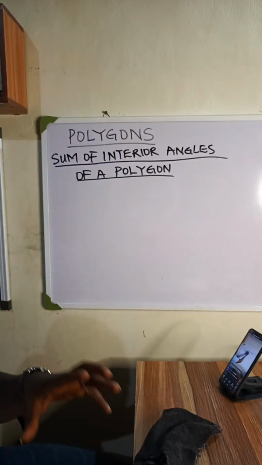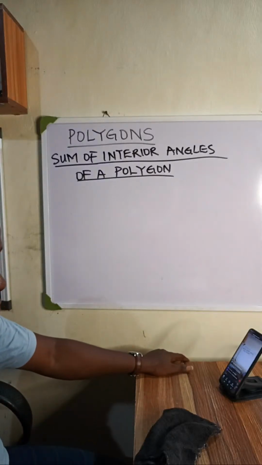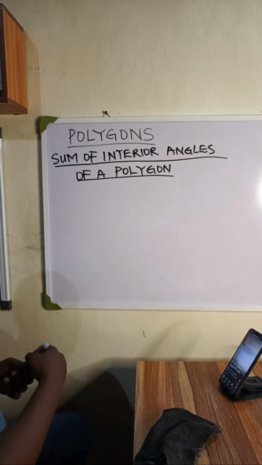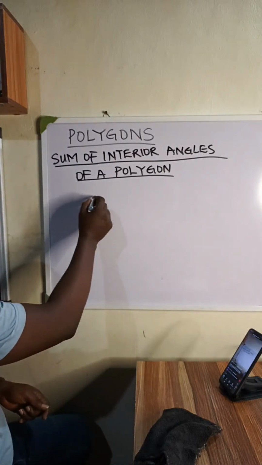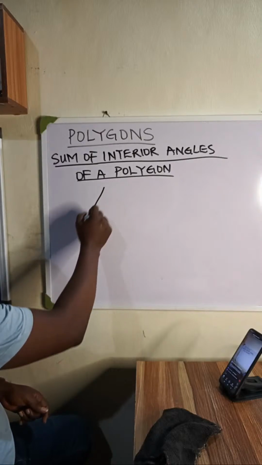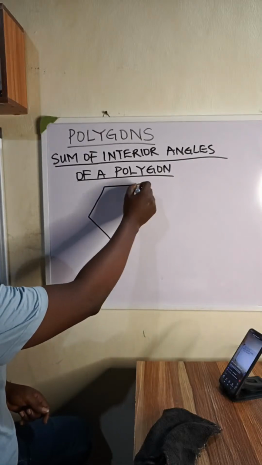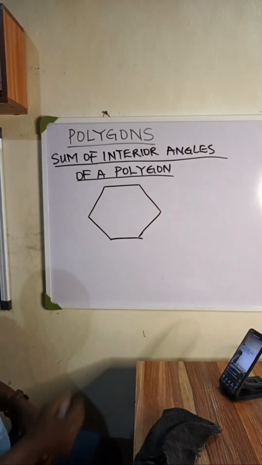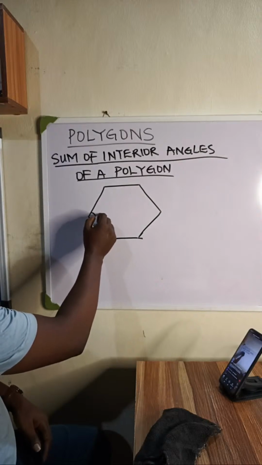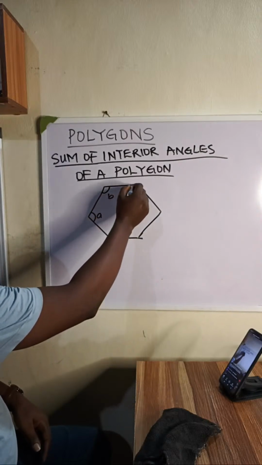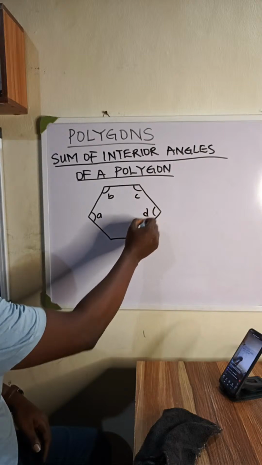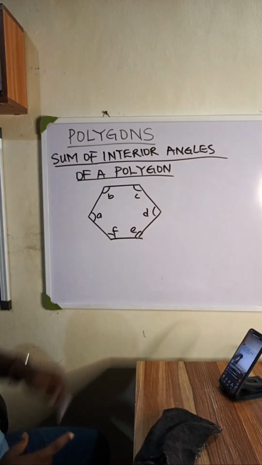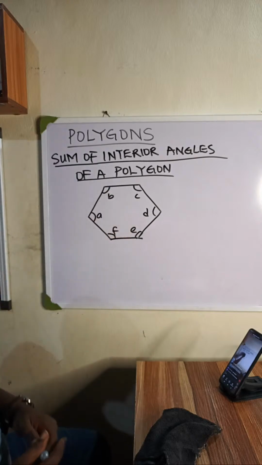So our focus now is on interior angles. Let's say we have this, and this is A, B, C, D, E, and F. I'm just giving an example before we start. So sum of angles means adding all these angles together.